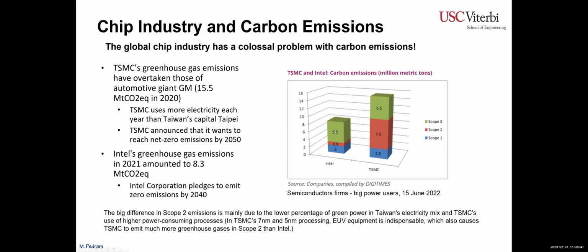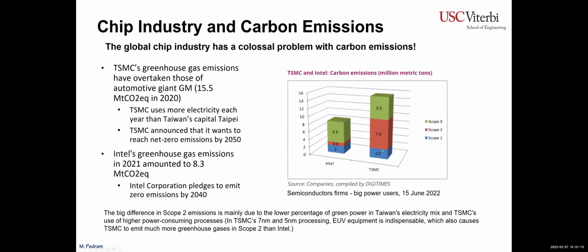And it's not because Intel production capacity is much less or number of employees are much less or what have you. It is because essentially the difference is in the sources of production of energy in the respective countries. In the US, the sources of energy production are generally cleaner, much cleaner than in Taiwan, and so that creates a big differential between the two.